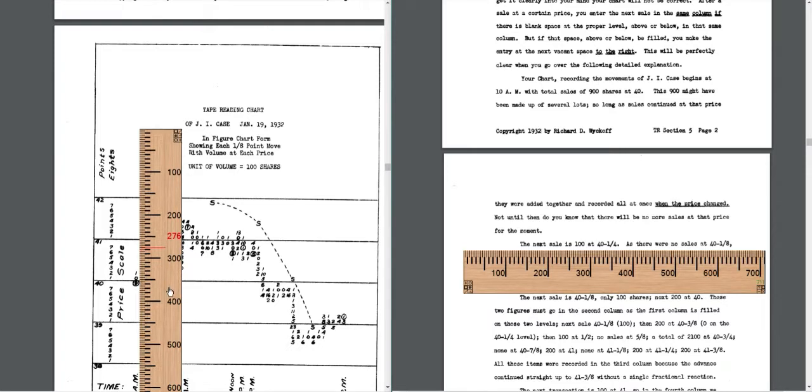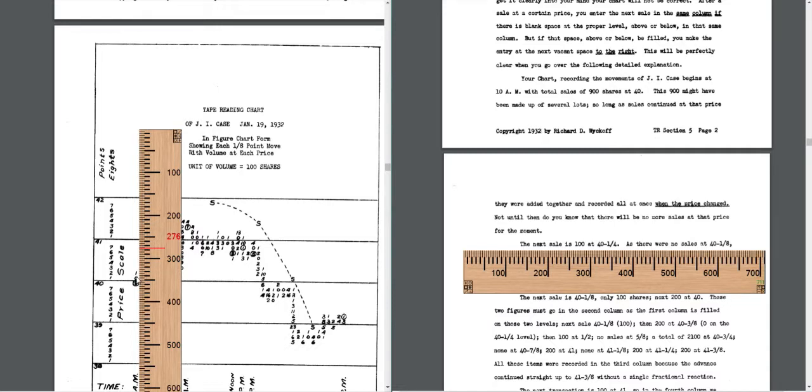Alright, so let me just try to explain this again. It opened at 40 bucks, 900 traded. Next trade was 40 and 2/8, which is the same thing as 40 and 1/4. It skipped the price in the middle, which was 40 and 1/8. So that's why there's a 0 there.